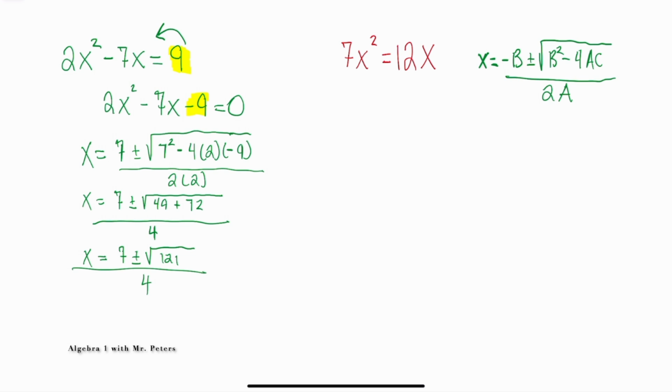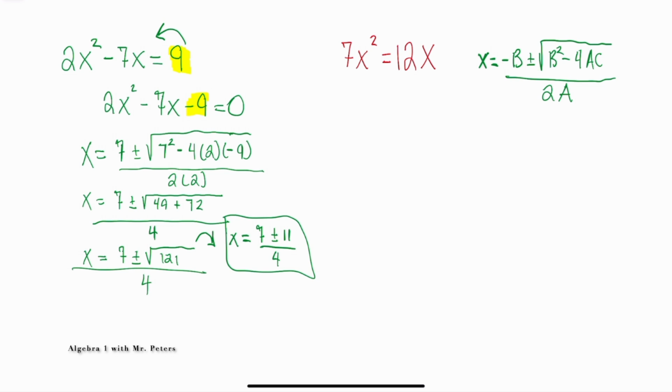To be real with you, math family, most times what's under the radical is not going to be a perfect square. So if that does happen, you just break down the radical to the simplest form, and then you could leave it like that. But in this problem, we're going to simplify since we can. So x is now equal to 7 plus or minus 11 all over 4.